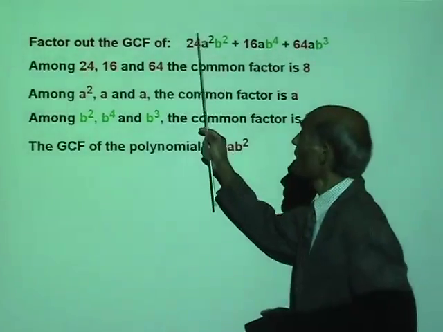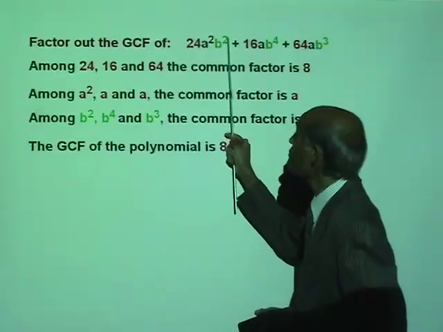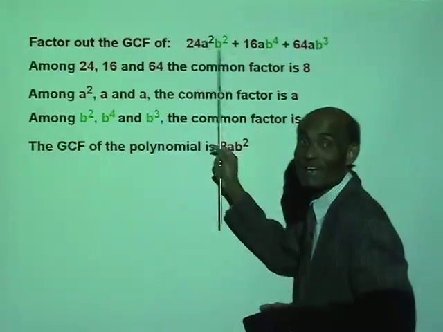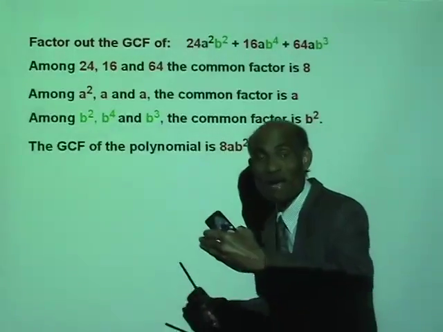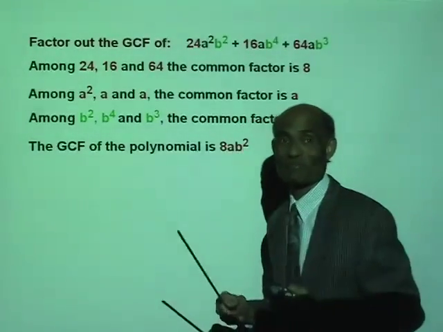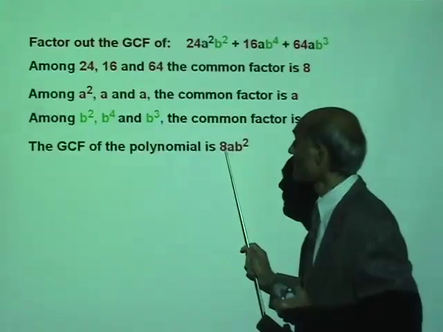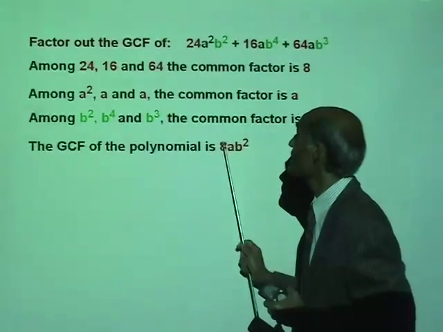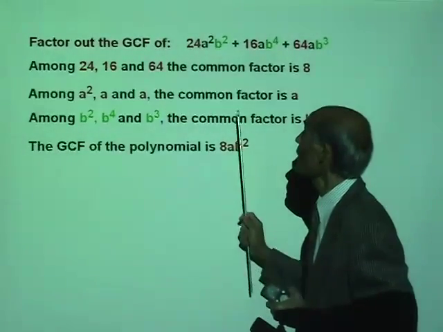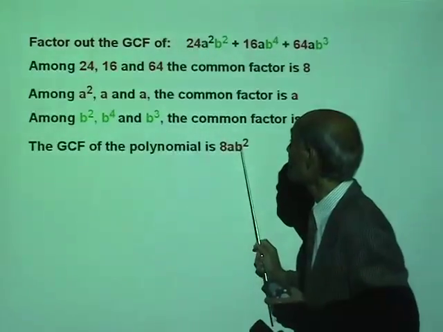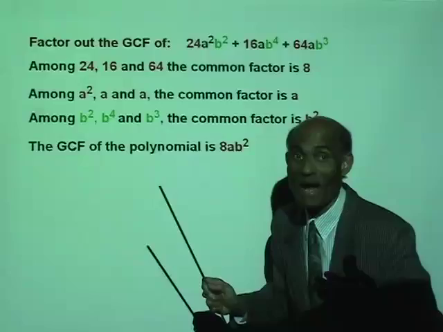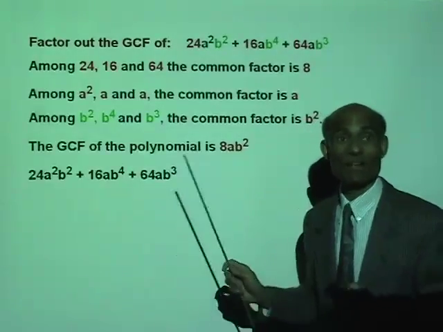Now, can you write 24a squared b squared as 8ab squared multiplied by something else? Well, 8 times 3 is 24. A times a is a squared, and b squared times 1 is b squared.